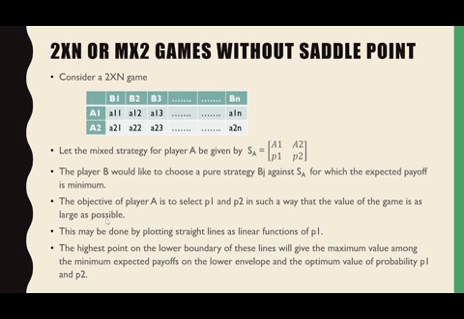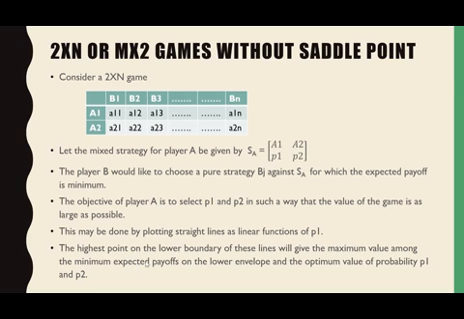This may be done by plotting straight lines as linear functions of P1. So we will try to plot the points graphically as straight lines. Each pair, A11, A21 will be one pair, A12, A22 will be one pair, A13, A23 will be another pair. So such pairs of coordinates will be plotted like straight lines.